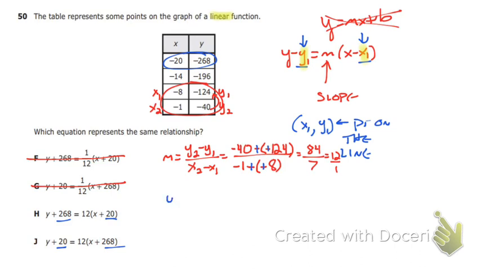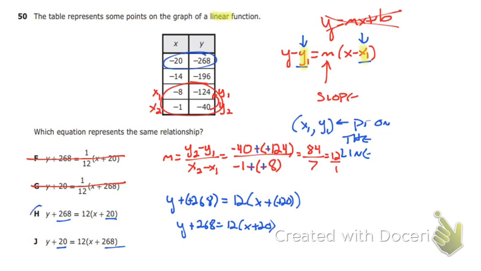So if I said y minus y1 equals our slope times x minus x1, all I've got to do is change those signs because subtracting a negative is the same thing as adding. So our equation finally, after all that work, is y plus 268 equals 12 times x plus 20. That means our answer is going to be H.